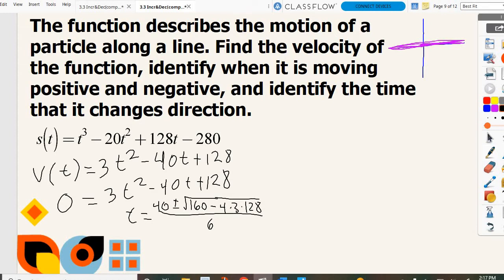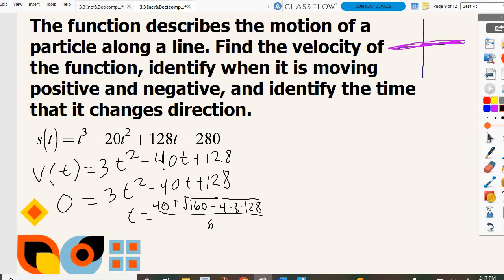Okay, so what is 4 times 3 times 128? 12 times 128. You can use your calculator. That's 12 times 128. 1,536.